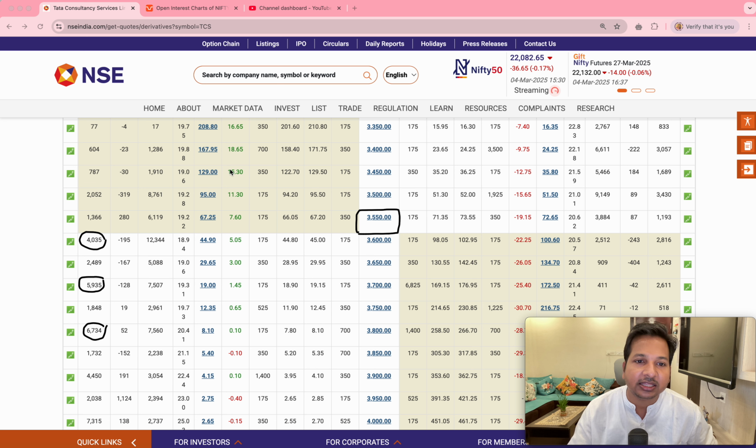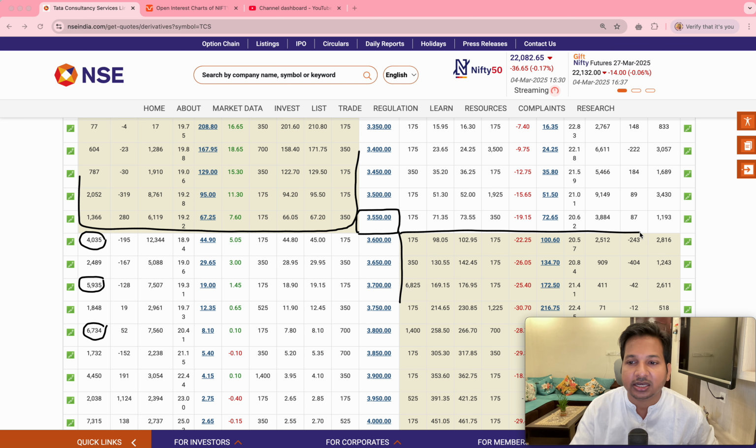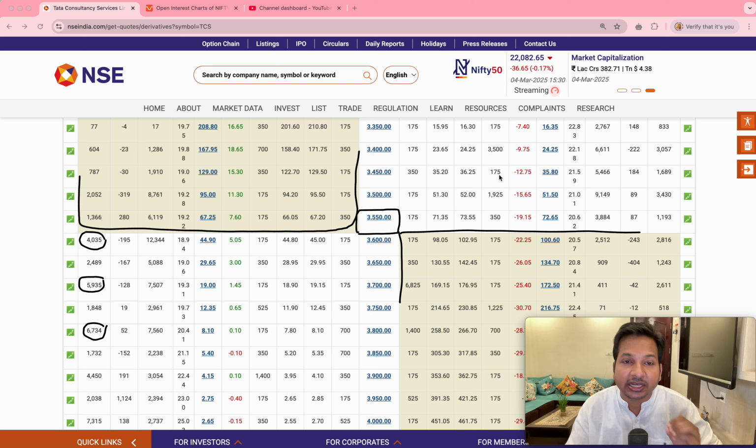These dark colors show in the money call options, and the light colors show out of the money call options. Similarly, on the put option side, the dark color shows in the money put options, and lighter colors show out of the money put options. No worry, if you are not understanding this, leave it. That is not important. Our important things are coming now.